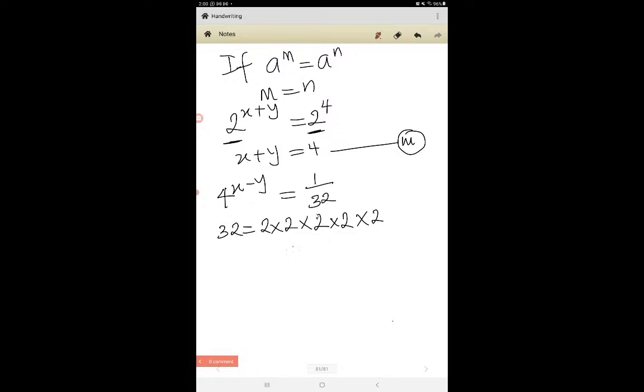So therefore, you now record that 4 is 2 raised to power 2. Instead of writing 4 here, you write 2 raised to power 2, all raised to x minus y, is equal to 1 over 2 raised to power 5.